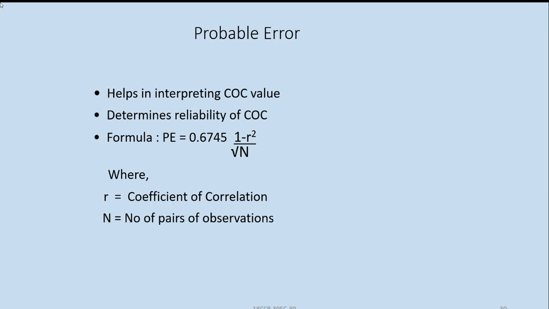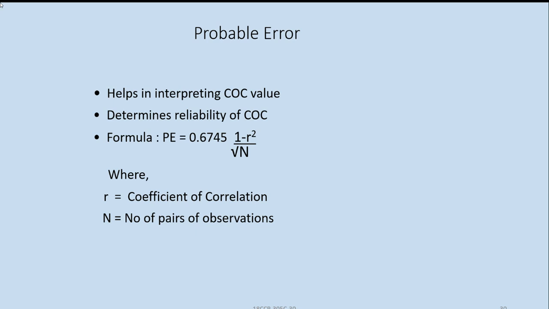Here probable error is calculated as 0.6745, that is a constant factor, always 0.6745, into 1 minus r square by root n. R square is correlation squared, and root of n is the number of observations under root.